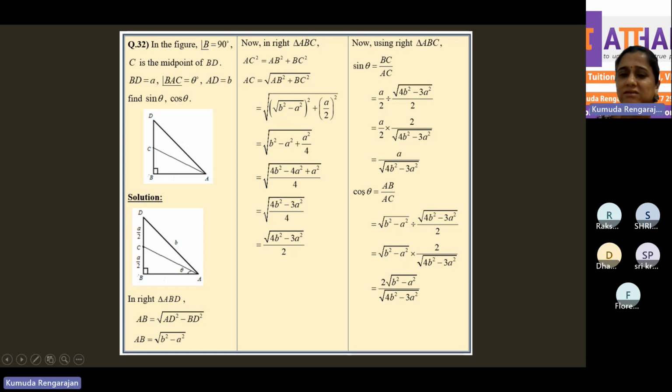When it's lengthy, you see your marks. If it's 4 marks, you have to rationalize it. This is AB divided by BC. Then it will become multiplication and reciprocal. So 2, this into this divided by root of 4B square minus 3A square is over.